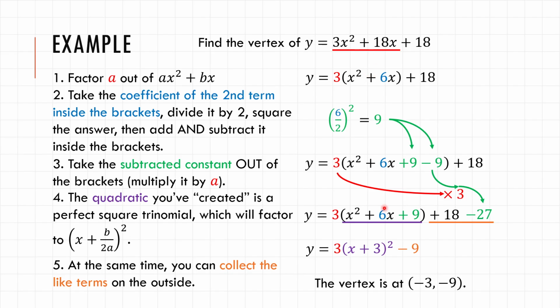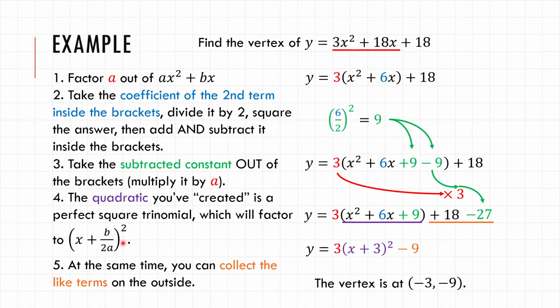Now, because of this algorithm, because this number is always going to be half of this, and this number is always b divided by a, I can always find the x value of the vertex, even from standard form, just by taking negative b over 2a.